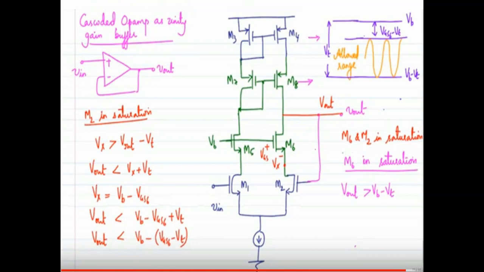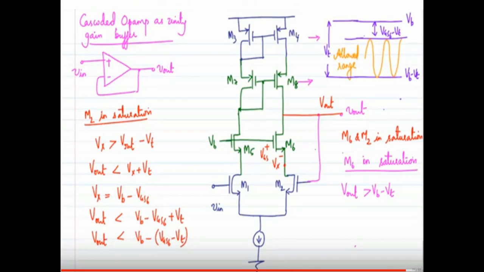The minimum value of Vout is Vb minus Vt, and the maximum value is Vb minus VGS6 minus Vt. If we draw a line with reference voltage Vb and another line Vb minus Vt, the output always swings between Vb minus VGS6 minus Vt and Vb minus Vt.